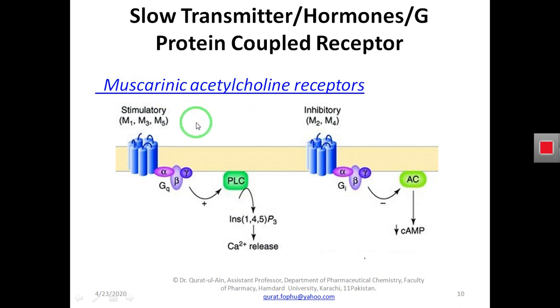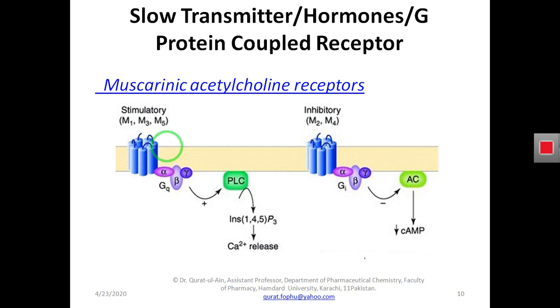First, we will understand the structure of these receptors, and then we will understand how they do their work. These receptors are composed of a single polypeptide chain of about 400 to 500 amino acid residues.